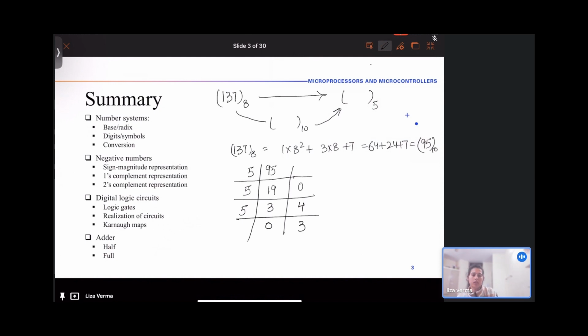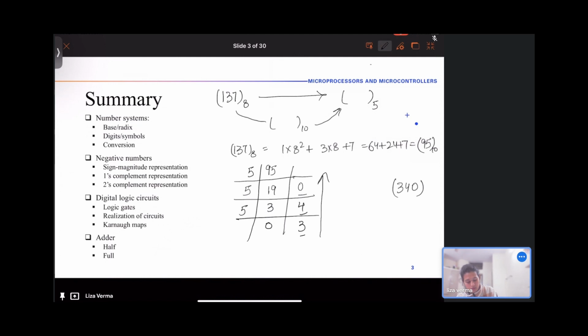And the way we represent the number is taking the remainders as the digits and reading them in the upward direction. So the number would be 3 first, 4 next, and 0 next.